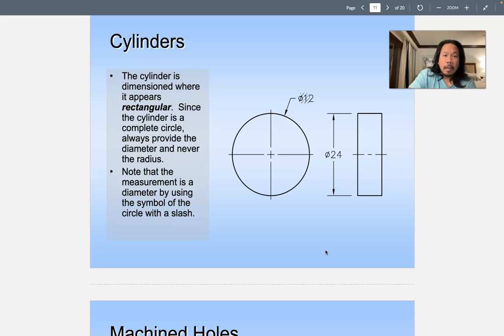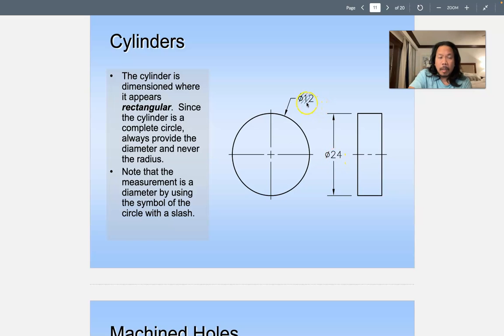Okay, next, cylinders. If you have a cylinder and one of the views shows as rectangular, that rectangular view is the one that you have to dimension. So instead of dimensioning the diameter of 12 for the circle, you'll write the diameter symbol and then the number that goes right here.